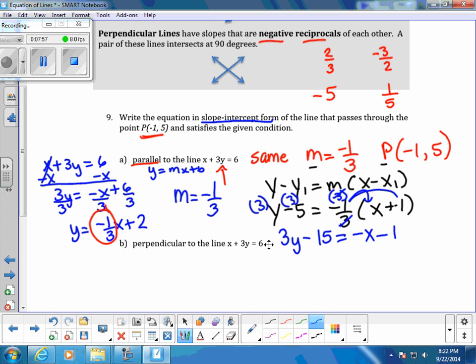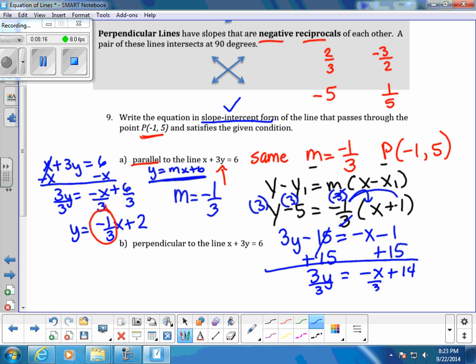And we're trying to get this in slope-intercept form, so we want y by itself. So I'm going to add 15 to both sides. So I have 3y is equal to negative x plus 14, divide everything by 3. The parallel line to the one that was given to us is y equals negative 1/3 x plus 14/3. And this line is parallel to the given line.